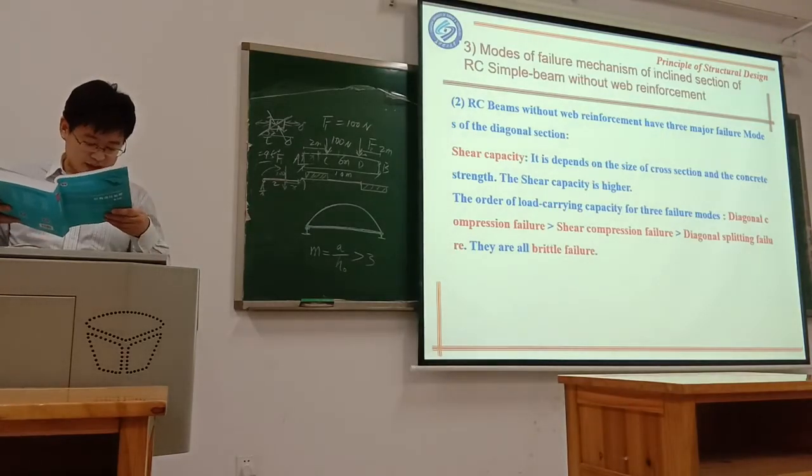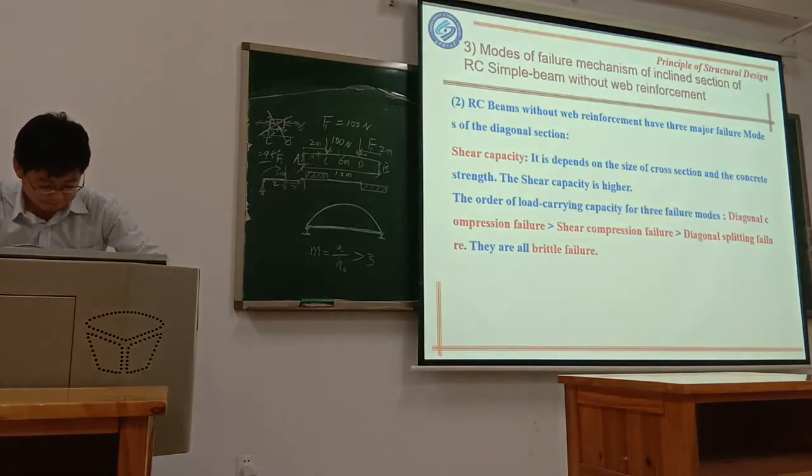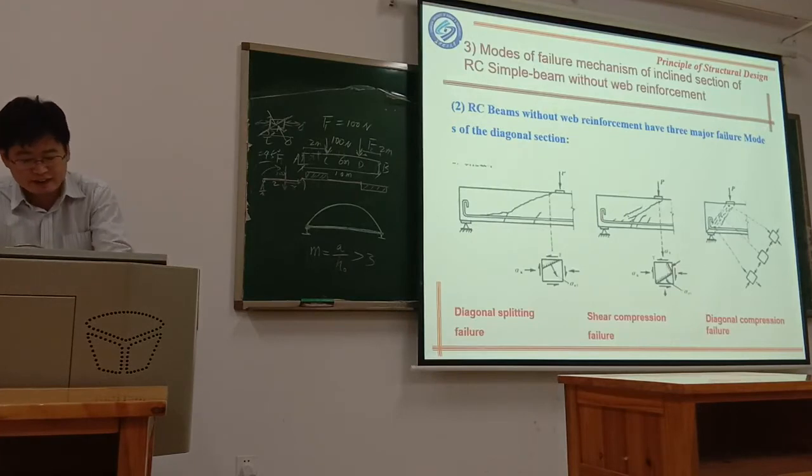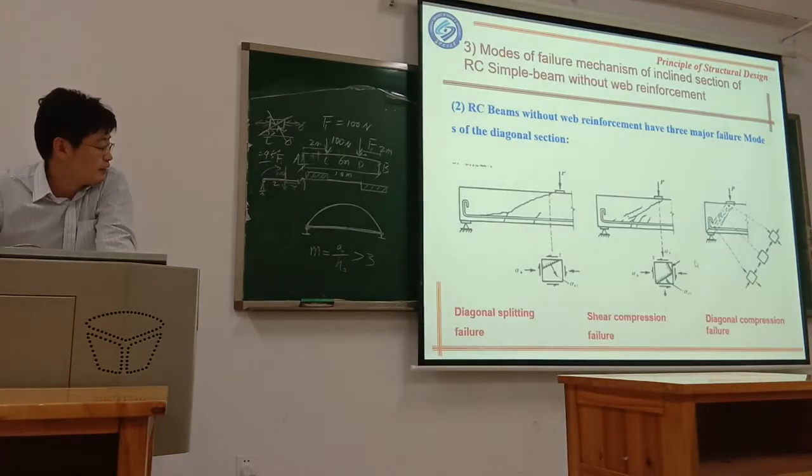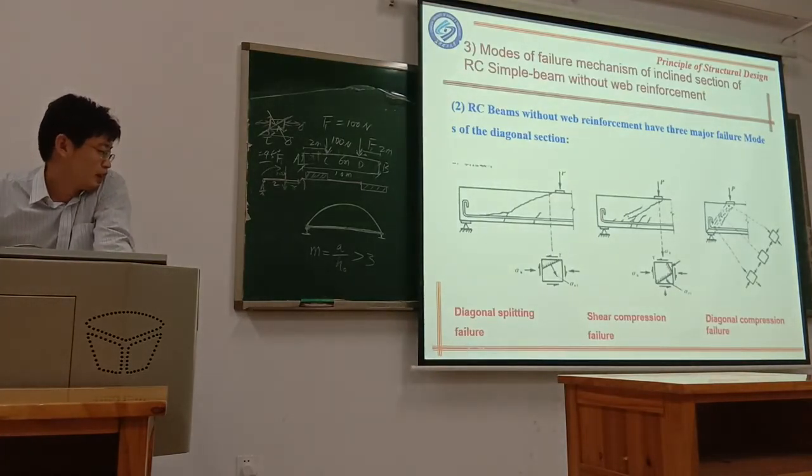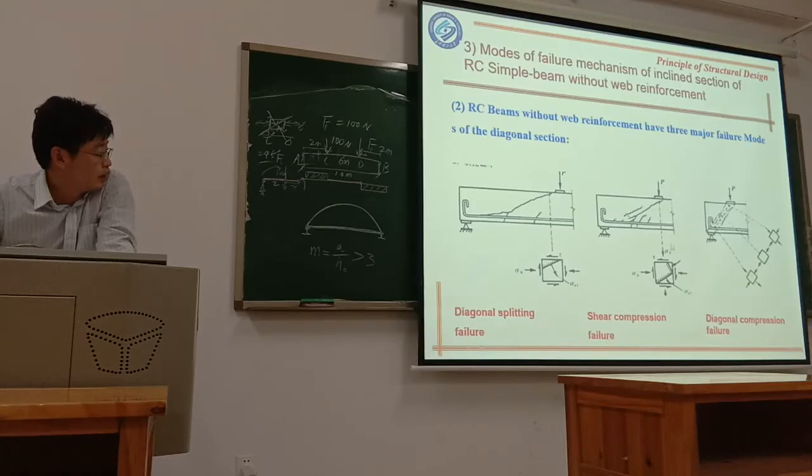So we see the third one. These are the three different failure modes: diagonal splitting, shear compression failure, and this. Well, just now we talked about the first two. Now the last one, diagonal compression failure.